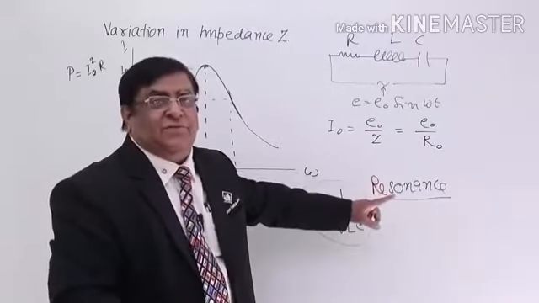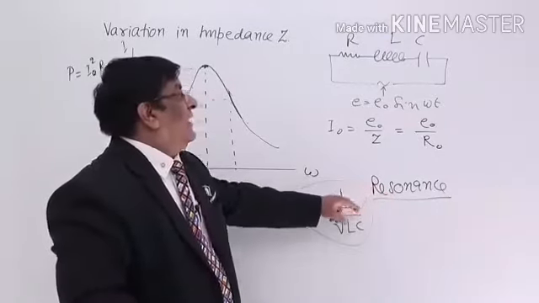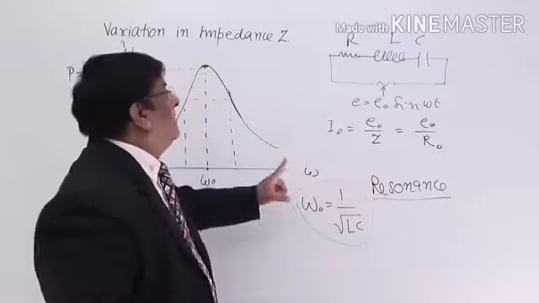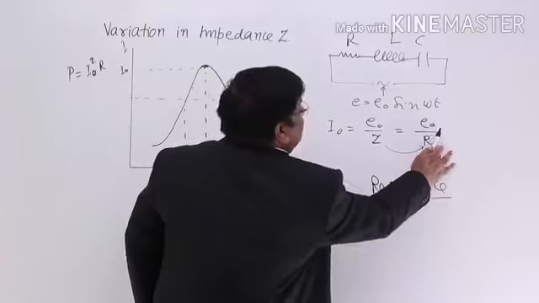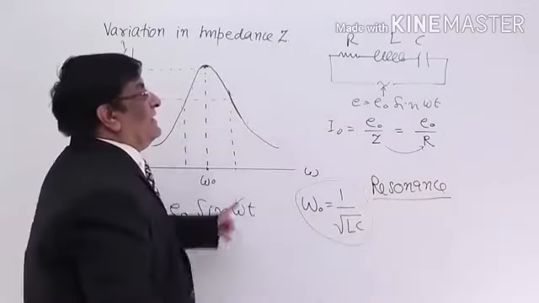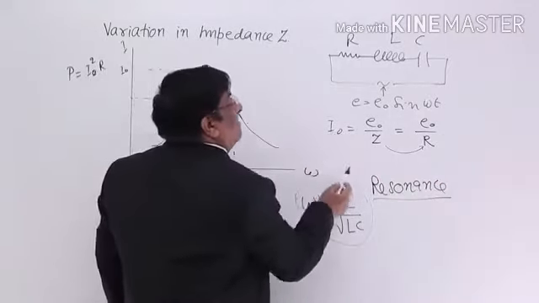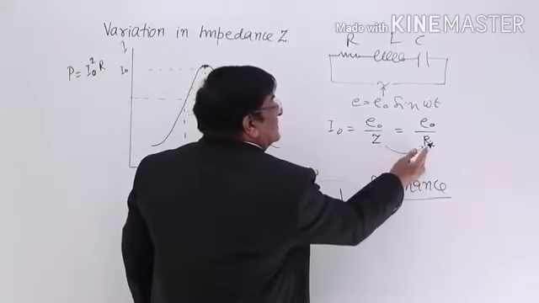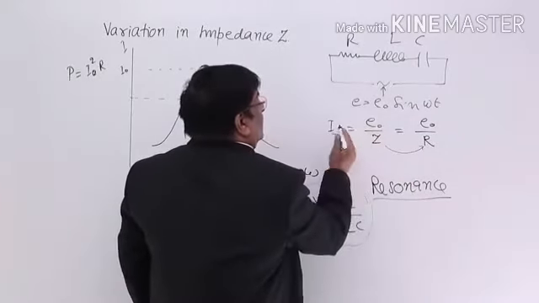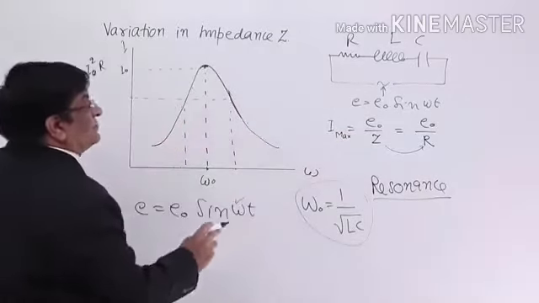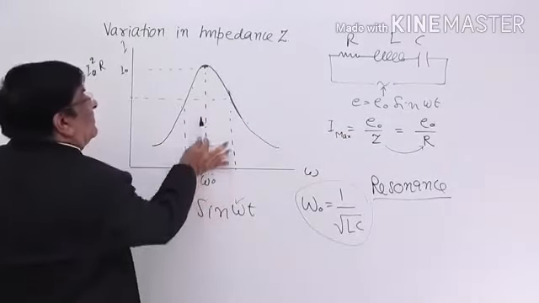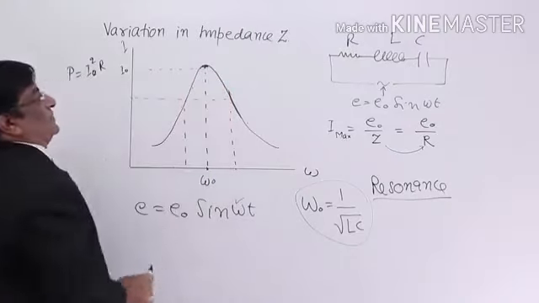At this situation of resonance, opposition to the current, Z, becomes minimum, and that minimum Z is equal to the resistance of the circuit. In this situation, current becomes maximum because Z is minimum. So this is the maximum current, and this situation is shown in the diagram by this location.